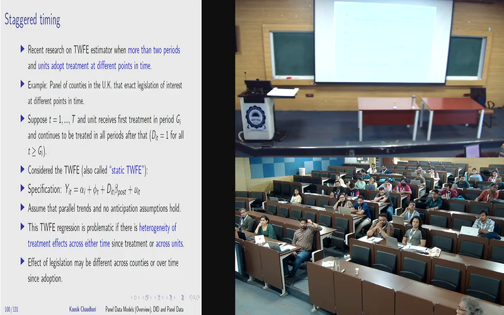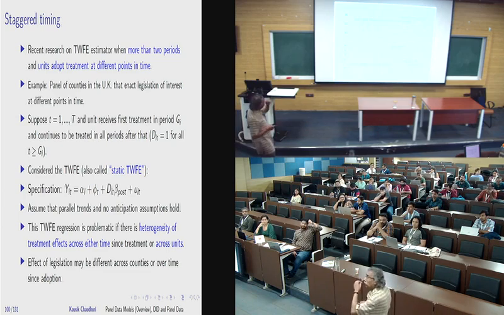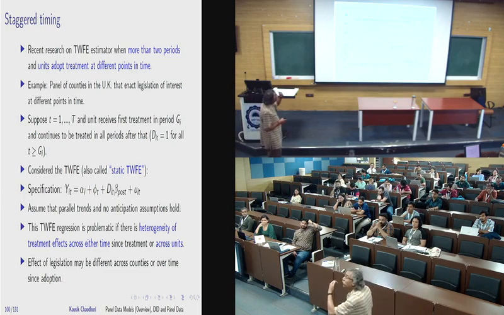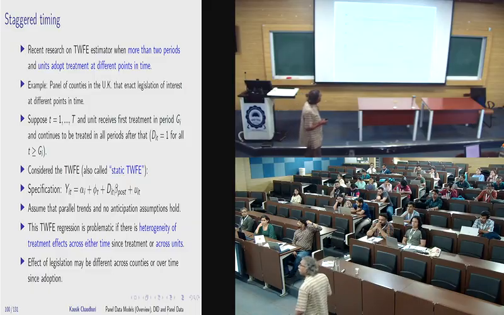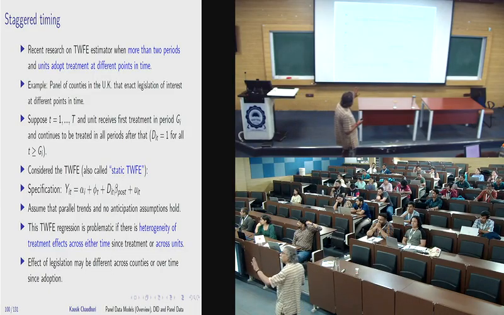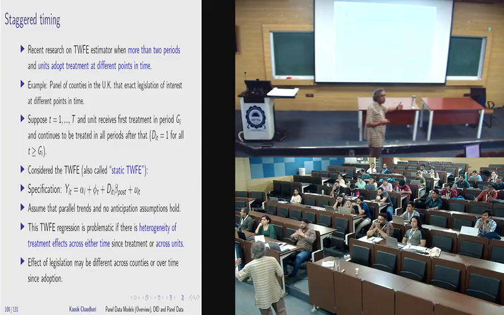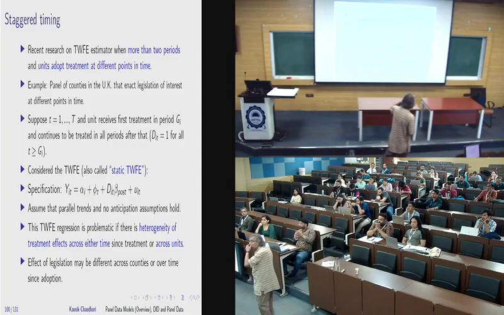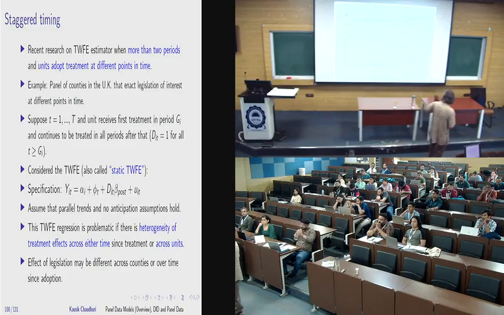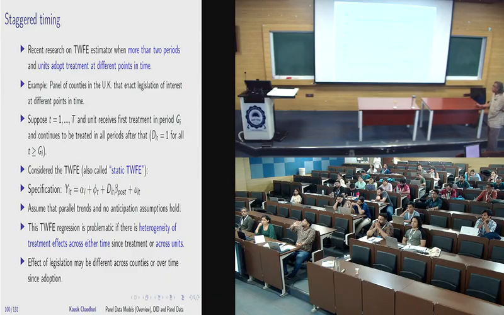Suppose I now have time t equal to 1 to capital T, and a unit receives first treatment in period G_i and continues to be treated for all the remaining time periods. If I think of my static TWFE specification exactly as before, we assume parallel trend and no anticipation hold.